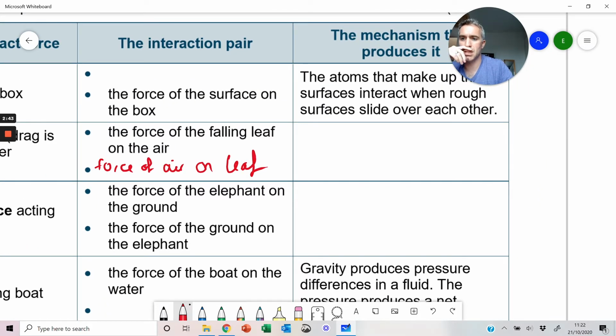Mechanism that produces it. Oh, we missed one here. Force of the surface on the box. Force of box on surface. It's always going to be object A and object B, object B, object A. A, B, A, B, B, A.